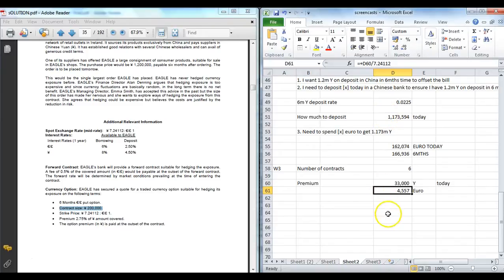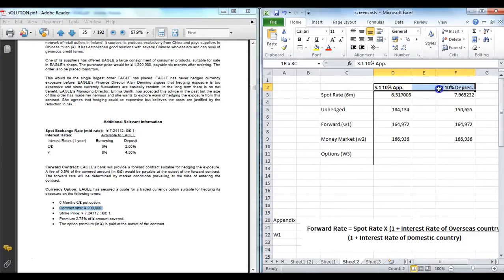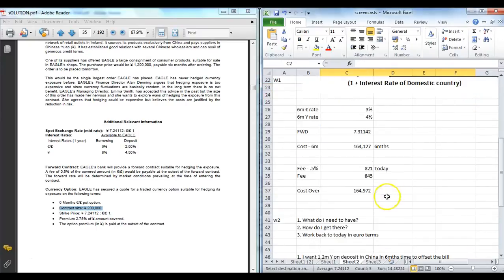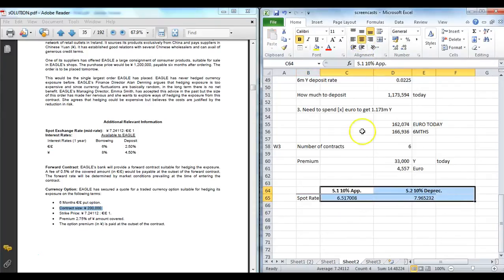Now, I tell students the easiest way to look at the option is to do out the different alternatives that you have. So if we look at scenario 1, I'll just bring down these figures here. Just bring down this little table. The easiest way of looking at it is, you have essentially 2 scenarios here. Scenario 1, scenario 2.